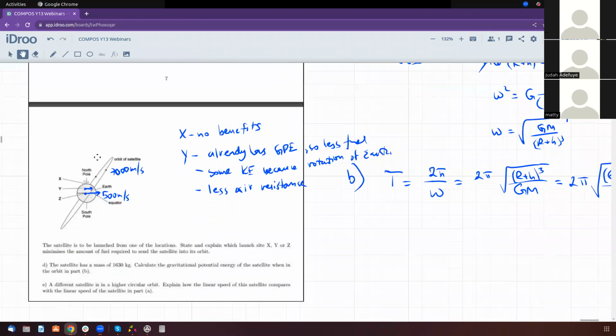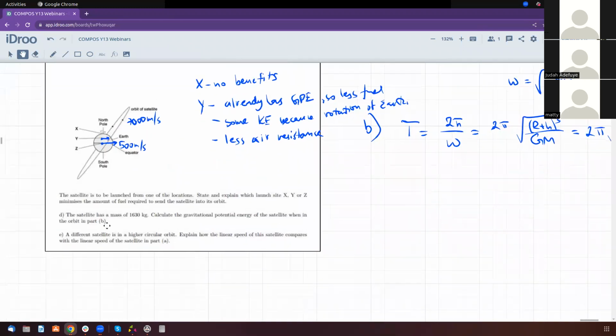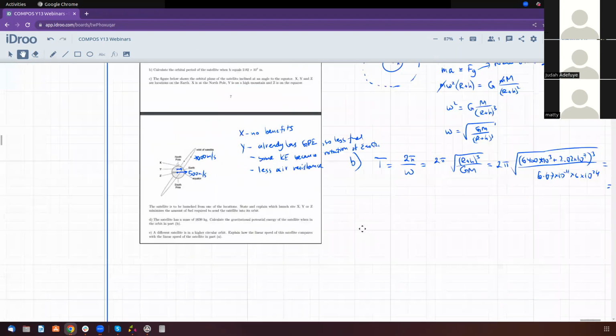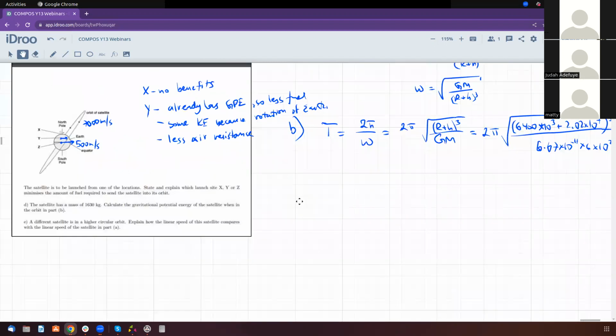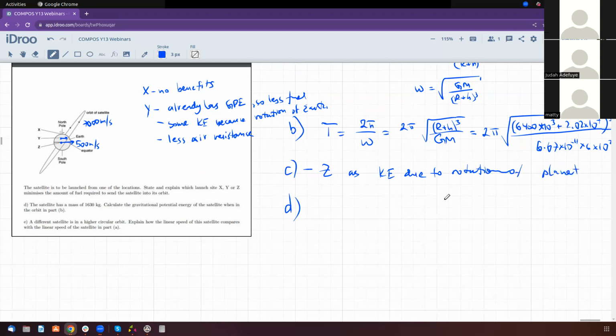Okay. Then the satellite has a mass of 1630. Calculate gravitational potential energy when it is in the orbit. So that's D. So C is kinetic energy due to rotation of the planet, and D is gravitational potential energy.